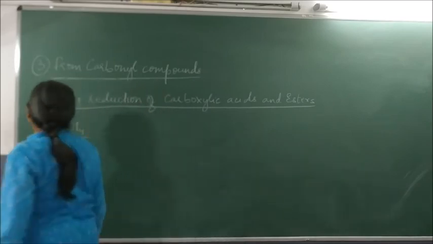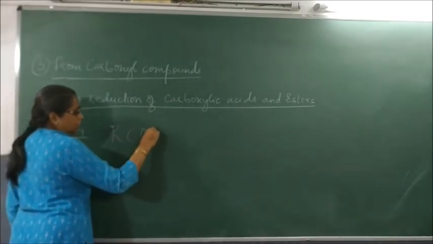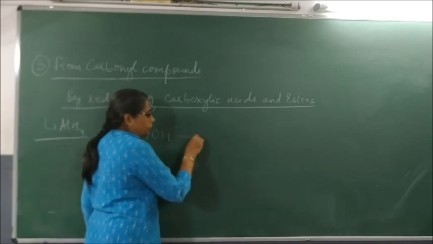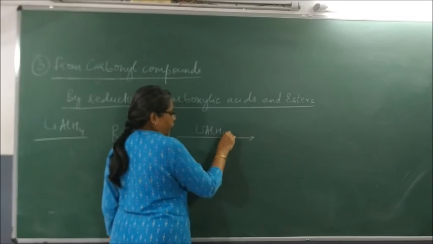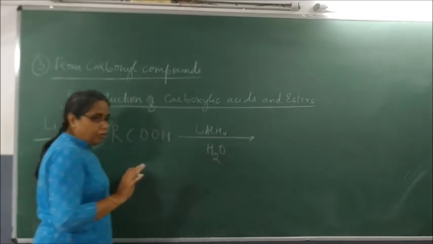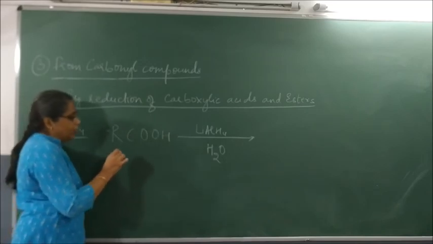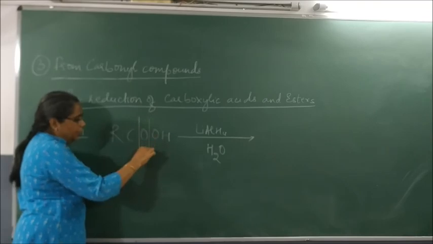So, just write a very simple equation here. We take RCOOH. I am reducing it in presence of LiAlH4. And after that I am adding water. It forms what? See, you should understand how it goes. I am removing this part.